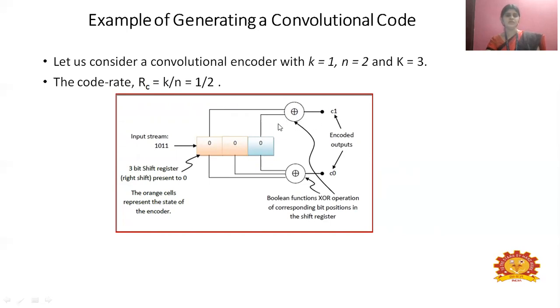Then C1 will be the XOR operation of these, that is, M XOR M3. The second modulo 2 adder performs the modulo 2 operation of these three bits, giving M XOR M1 XOR M2. So C1 will be M XOR M3, and this output will give M XOR M1 XOR M2. So C1 and C0 give the encoded outputs.